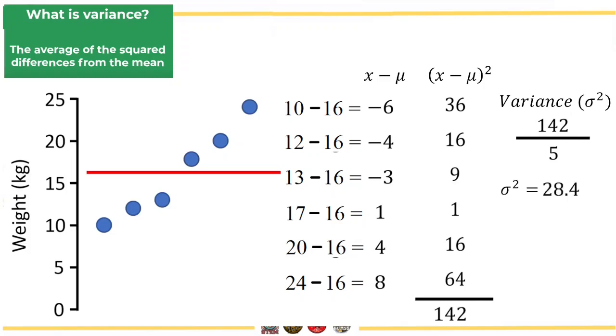So what is 28.4? It is the variance of our data. Now, interpreting the variance on the normal distribution graph or the bell curve will be difficult because it is squared. The 28.4 variance is in squared form.